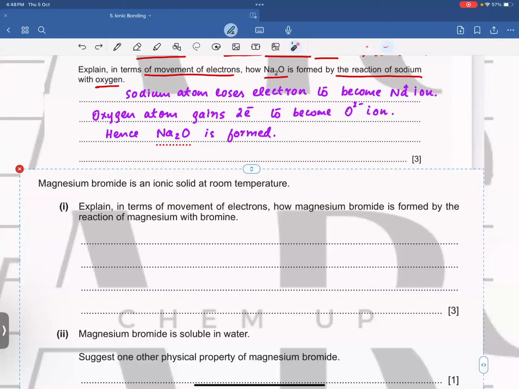And what about bromine? Bromine is in which group? Very good. Bromine will gain 1 electron to form bromide, and hence magnesium bromide will form.